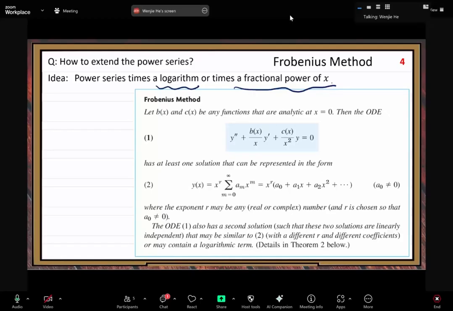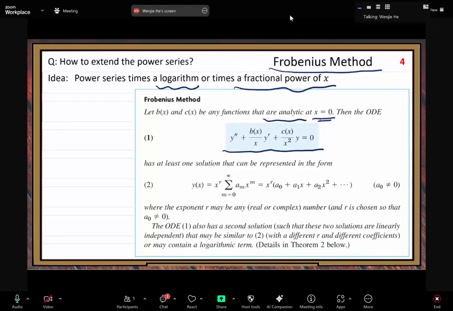Let b of x and little c of x be any functions. So this is the standard equation we want to solve by this Frobenius method. And they're analytic at x equals 0.